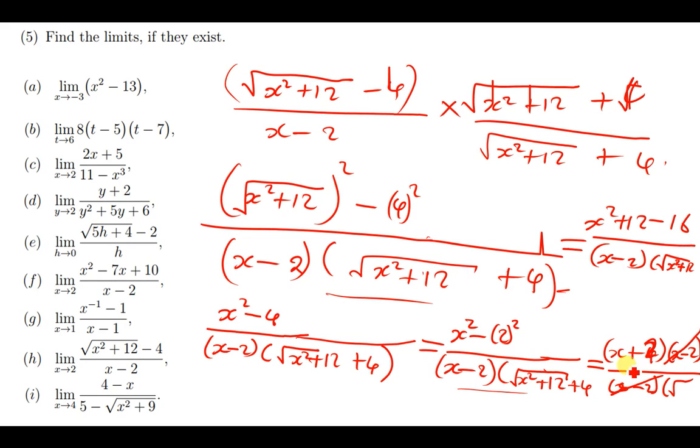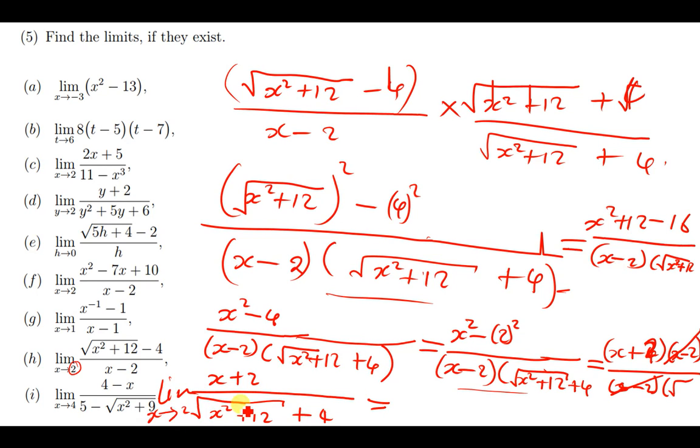So what we're just going to remain with is x plus 2 on top, and then everything divided by the square root of x squared plus 12, and then we say plus 4. This is what we're going to remain with. So we just have to replace x with 2 there now to find the limit of this when x is approaching 2.